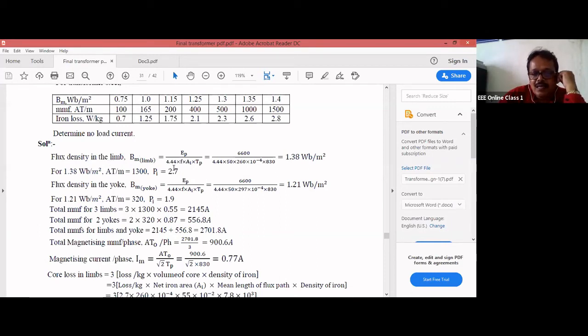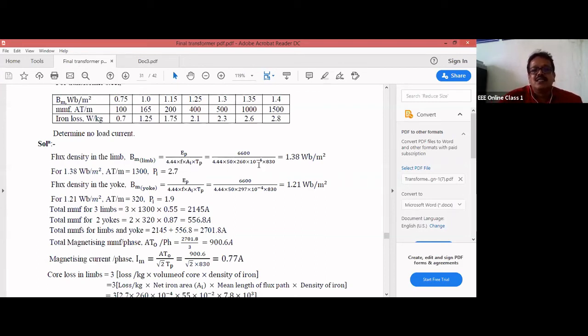Use this formula: EP divided by 4.44 into F into AI into TP, because phi m can be written as Bm into AI, since EP is equal to 4.44 F phi m TP. So Bm is equal to EP divided by 4.44 into F into AI into TP.